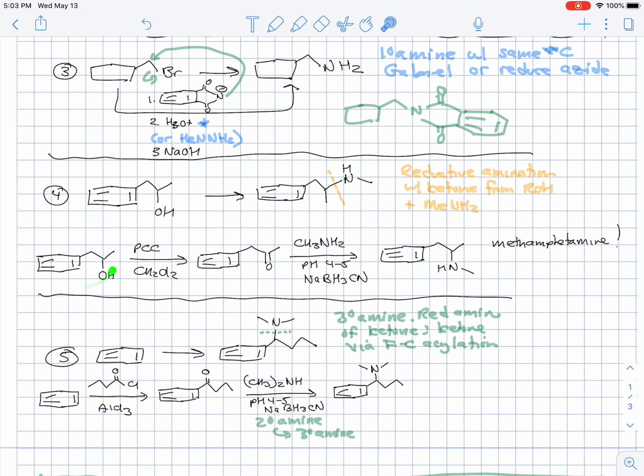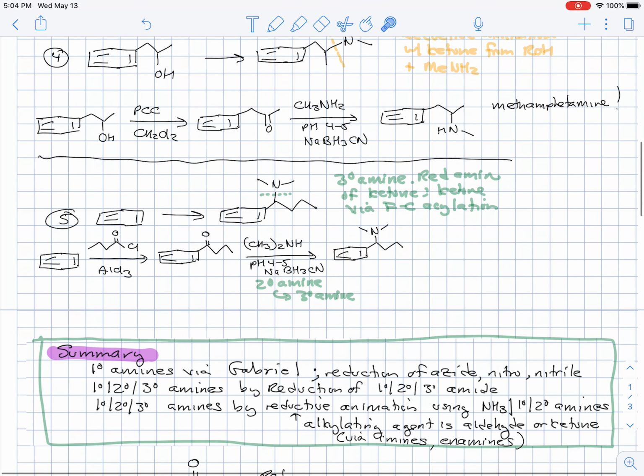So we're going to start here by oxidizing this to the ketone, and then we do our reductive amination, and we add this piece, and this, yes, this is methamphetamine, and this is one of the ways that methamphetamine is apparently produced illicitly, by a reductive amination. There are several other ways, and I'll just refer you to Breaking Bad or the internet for that.